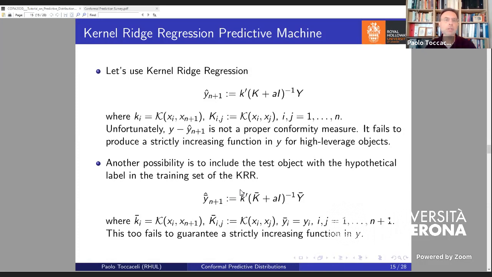As a regression algorithm, we use kernel-ridge regression, which is a nice method to use because it has two interesting features, so to say. One is the fact that it's a regularized method.